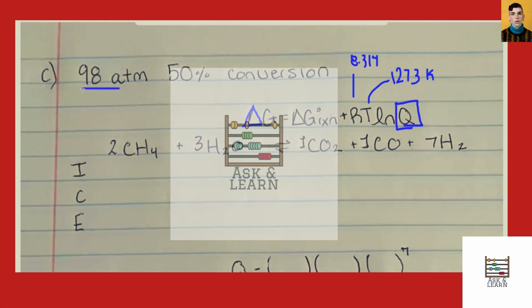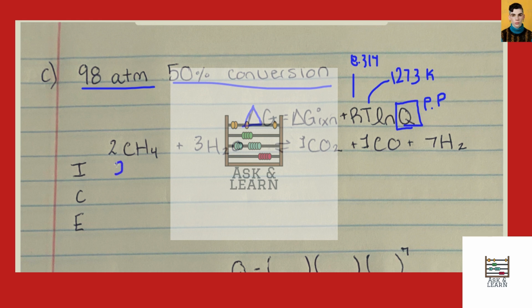So using the 98 ATM and the fact that it's a 50% conversion, we can find Q, and we can do this in partial pressures. So I'm just going to say PP for partial pressures. So the first thing we want to do, though, is the 50% conversion. The way I like to do this is to use an ICE table.